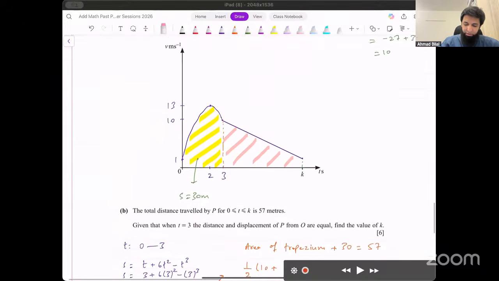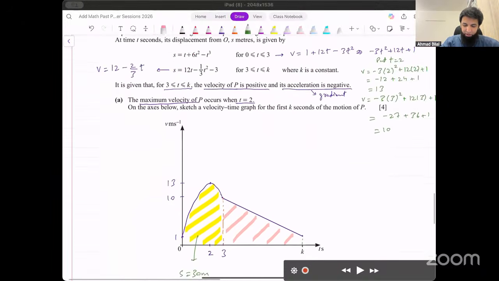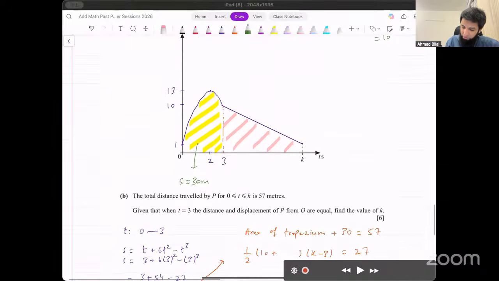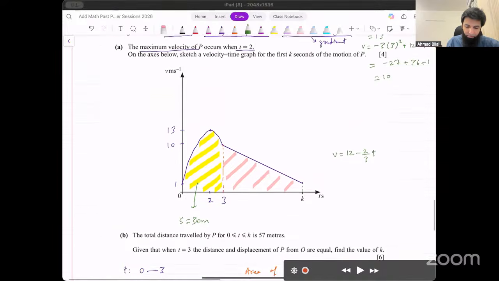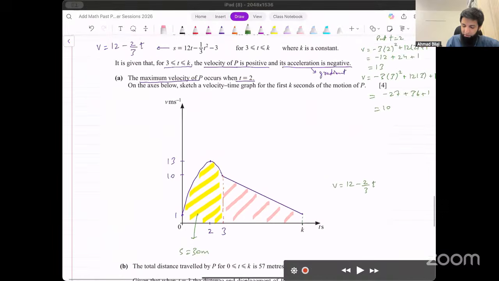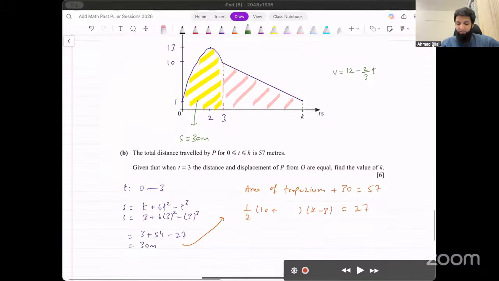It's a straight line. We know the function for that, the velocity function. The velocity function was v equal to 12 minus 2 over 3 times t, right? What we can do is, when time is equal to k, at that particular time, what's the velocity value going to be? 12 minus 2 over 3 times k.